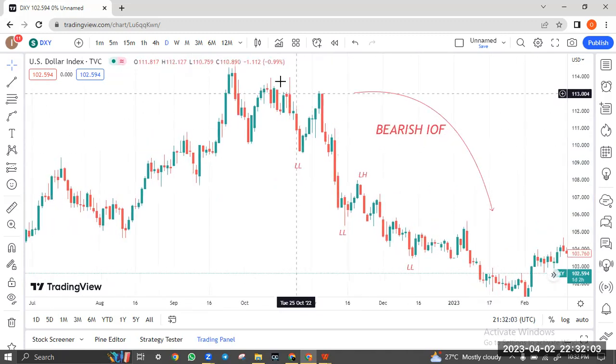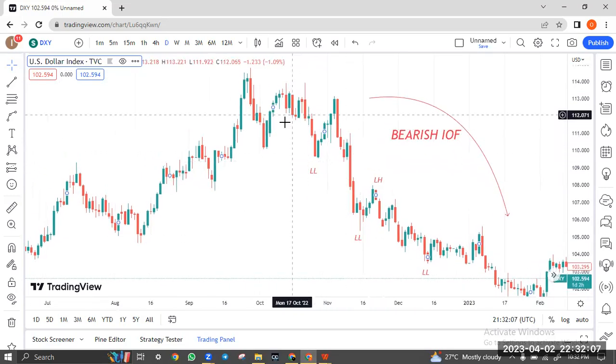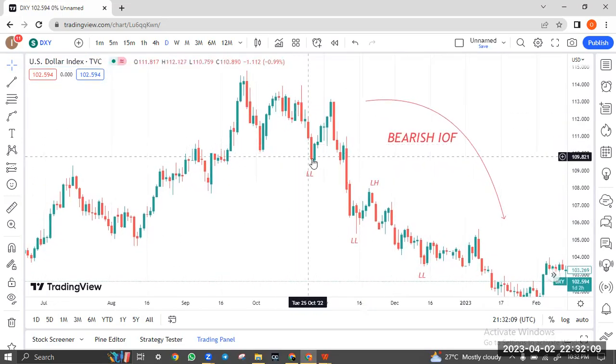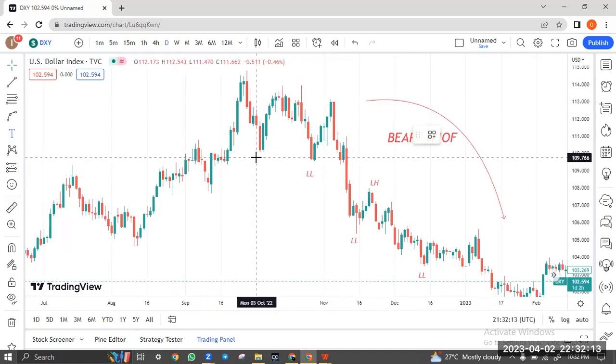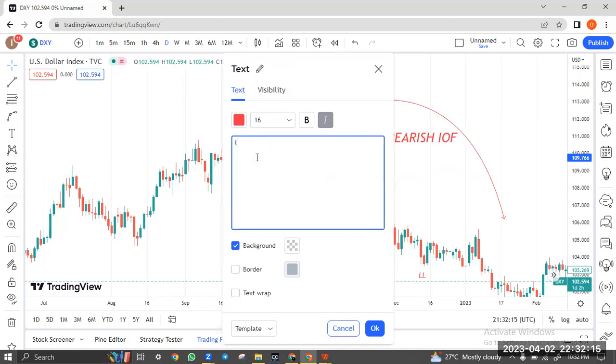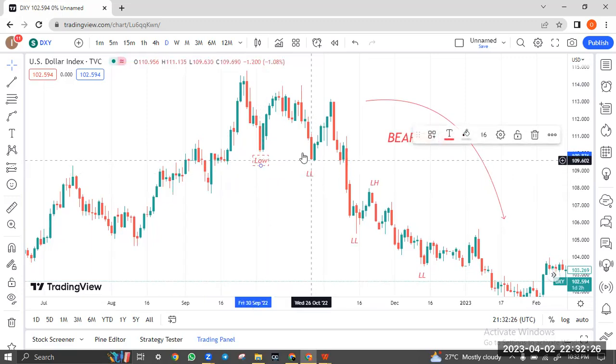So I was explaining that this is a bearish order flow because it's going down. The market makers are pushing price down, and when they are in this model, the market makes lower lows. So this is a low. This is a lower low to this low.